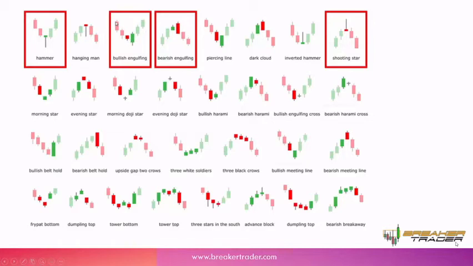This is showing that price has moved down. We've got a small candle here and then a large move in the opposite direction on the very next candle. And the opposite for a bearish engulfing. It's just a big candle that is bigger than the previous candle in the opposite direction.